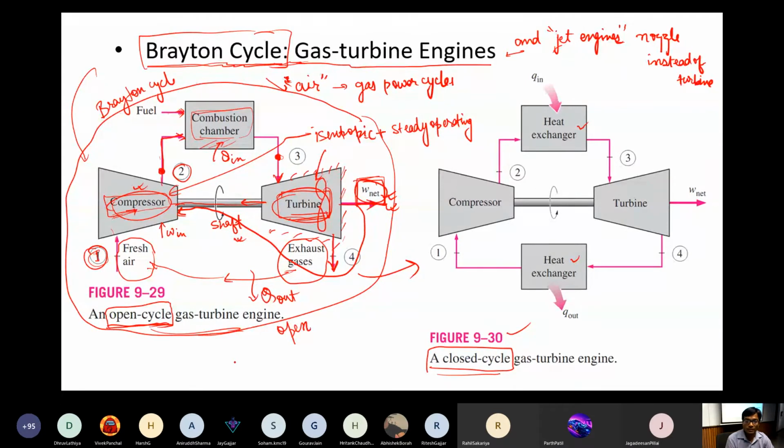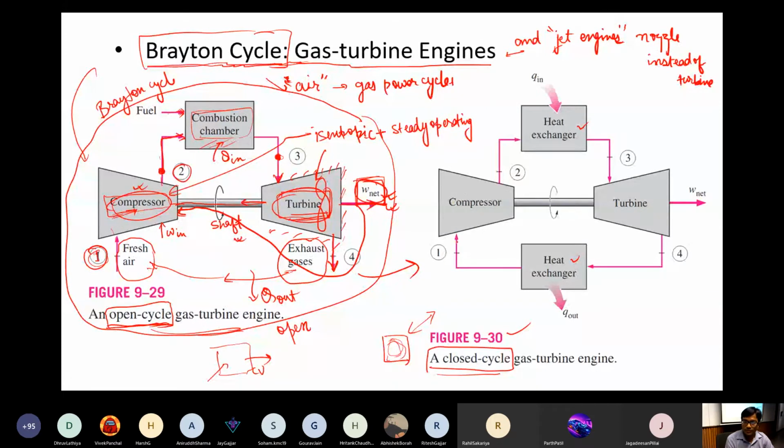If you think of this as your control volume, things are coming in and going out. But here, everything is inside, nothing is coming out. Once you trap your working fluid, it stays there indefinitely.